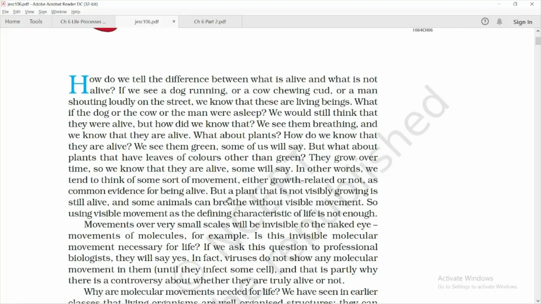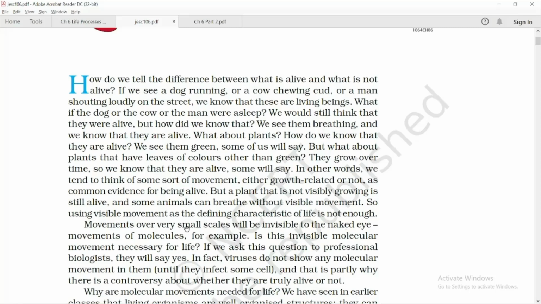But a plant that is not visibly growing is still alive, and some animals can breathe without visible movements. So, using visible movements as the defining characteristic of life is not enough.